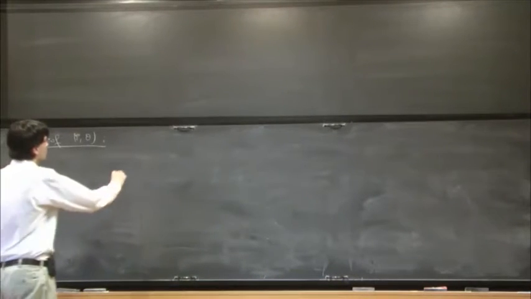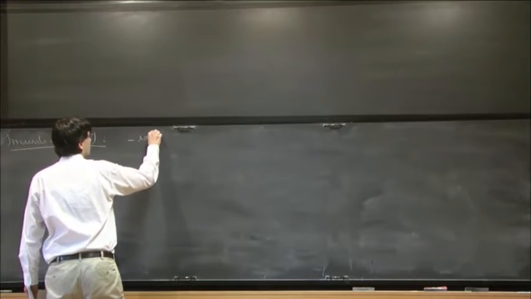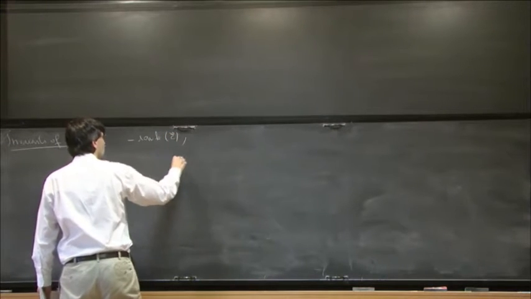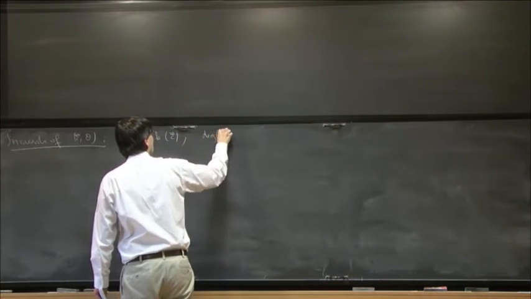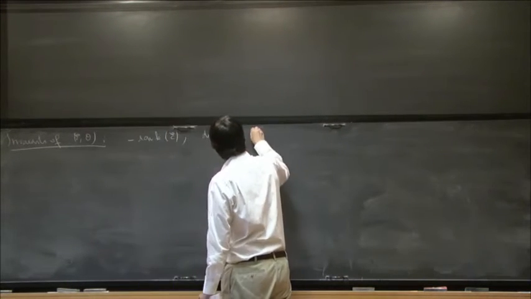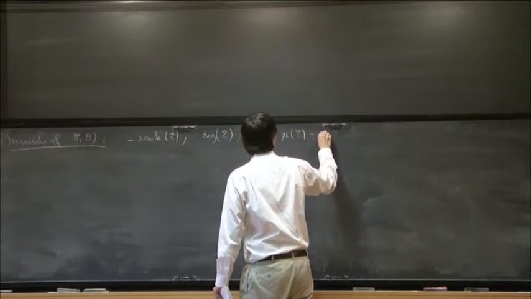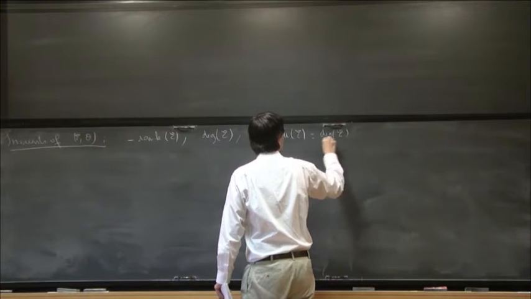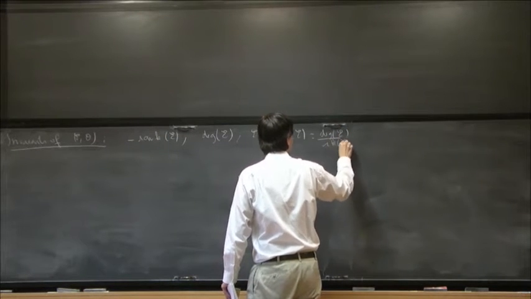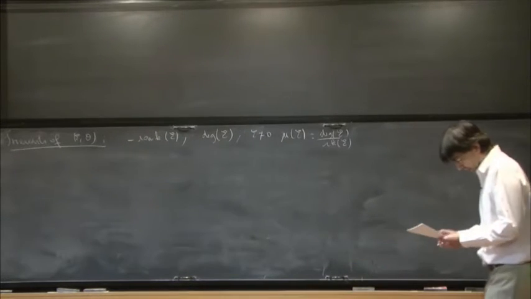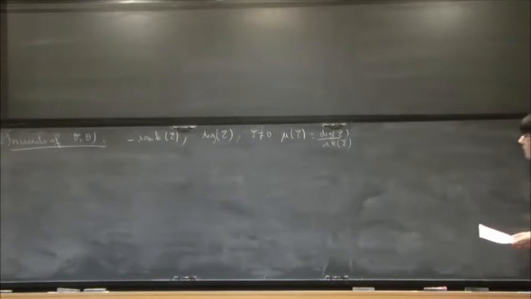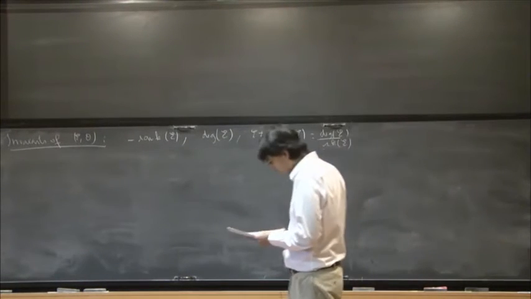First, we have the rank of the underlying vector bundle. We have the degree of the underlying vector bundle. If E is not 0, we have the slope, which is the ratio of the degree by the rank. Okay, so this is just for the underlying vector bundle.